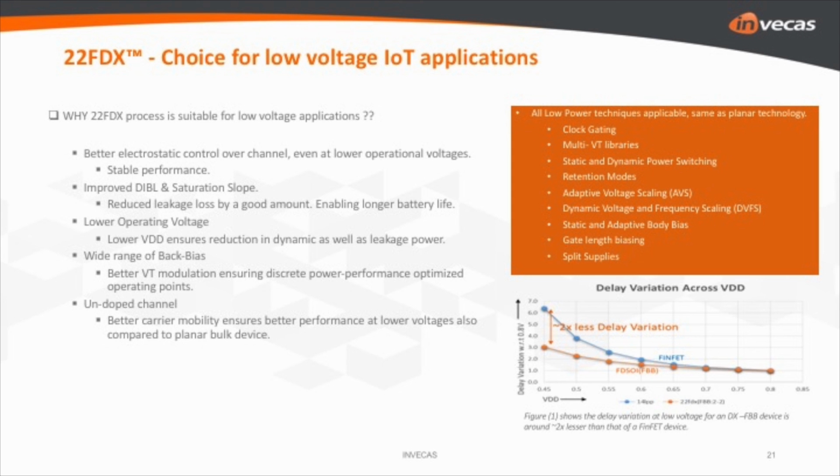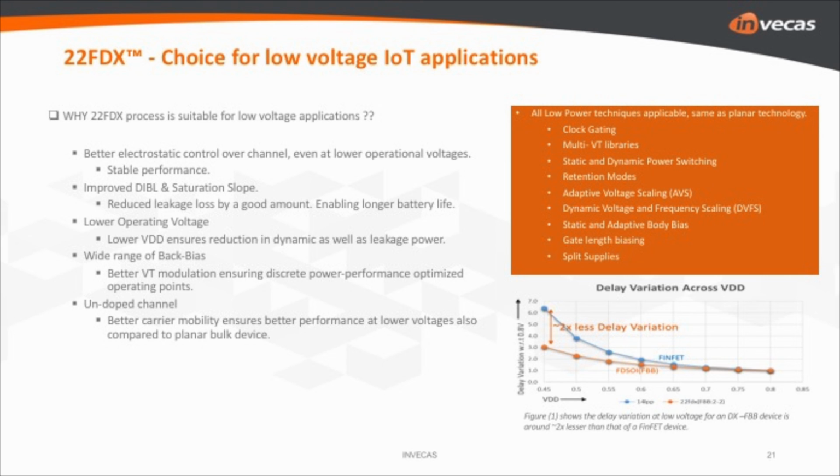A wide range of back biasing means better VT modulation, ensuring discrete power performance and optimized operating points. An undoped channel for better carrier mobility ensures better performance at lower voltage, also compared to planar bulk devices.